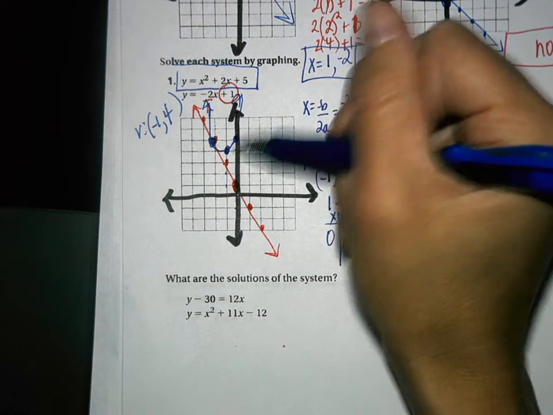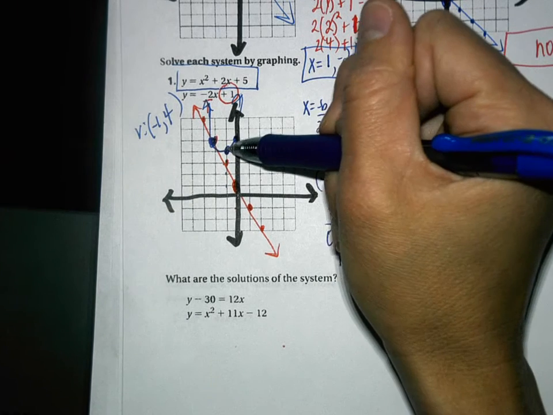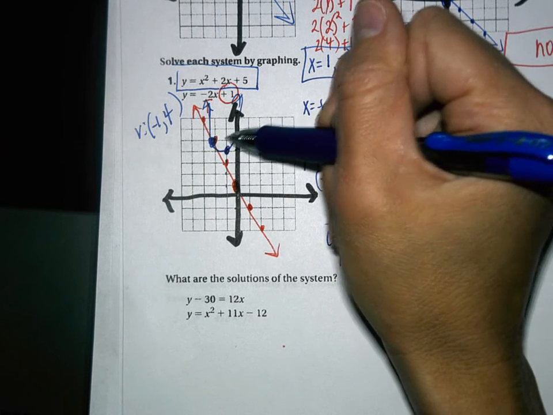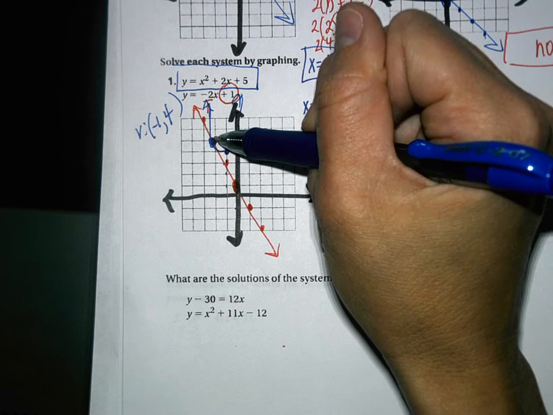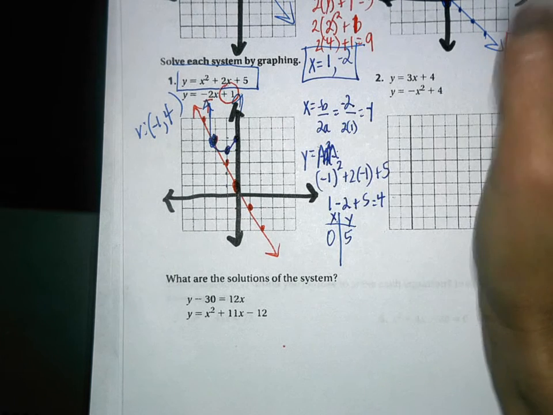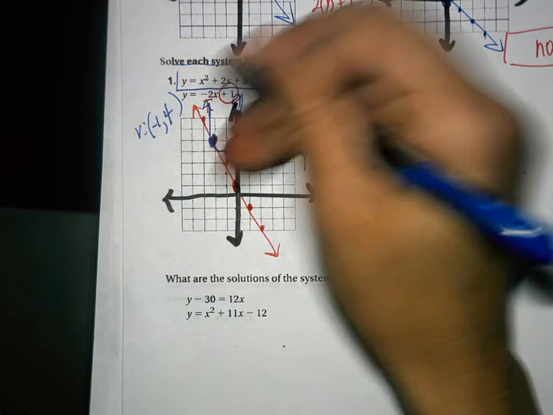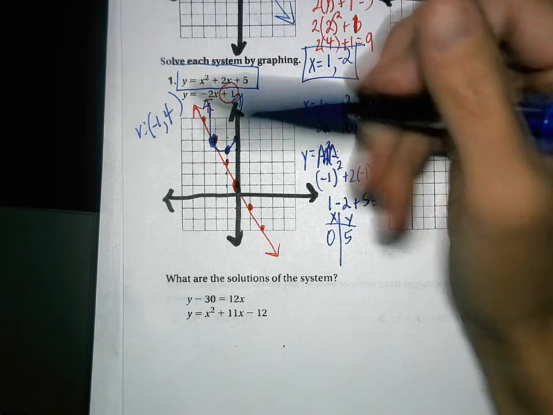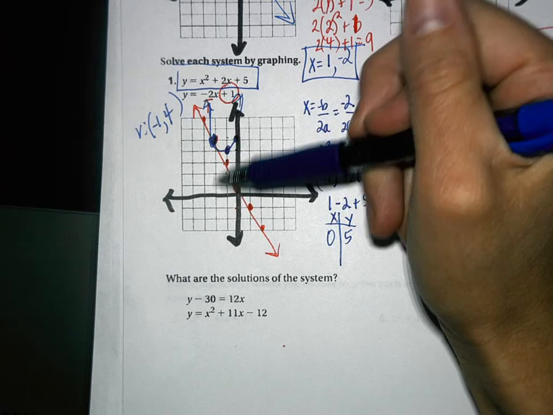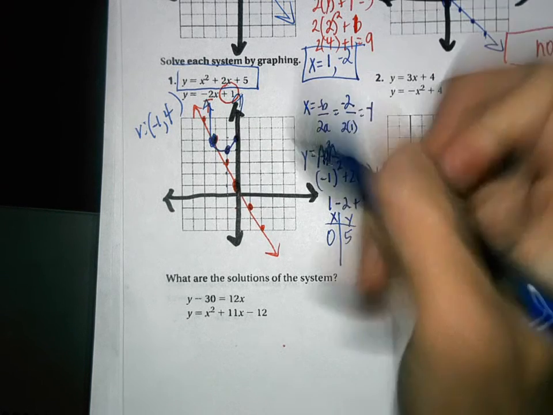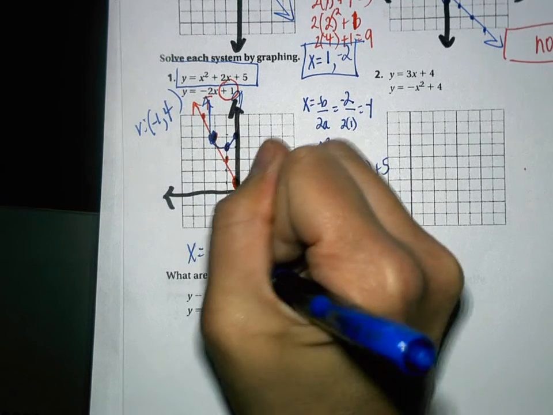Okay, so here's your vertex, right? When you go to the right one, it's at 5, so that means that when you go to the left one, it's also going to be at 5, which happens to be the same point as on my line. I just don't draw things very good. Okay? And so they are intersecting at one point, and what x value is it there? Negative 2. So our answer is going to be x equals negative 2.